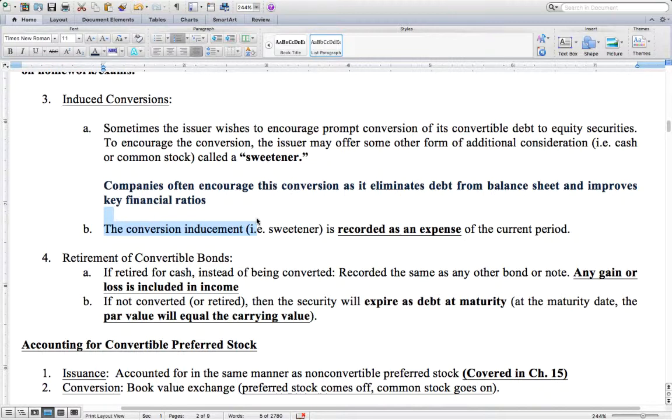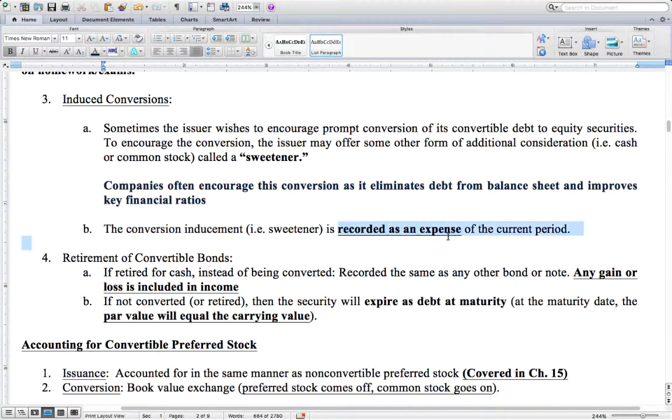Therefore, if a company has debt to equity ratios or certain financial ratios that they have to maintain with their lenders and their creditors, then by enticing you to convert your debt to equity, this could improve those ratios and keep them out of any action level events.